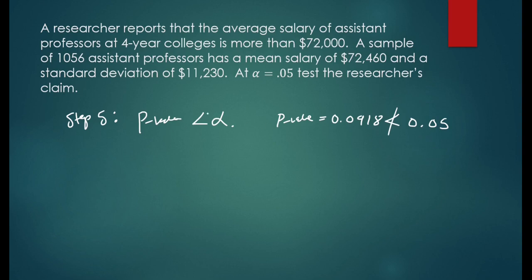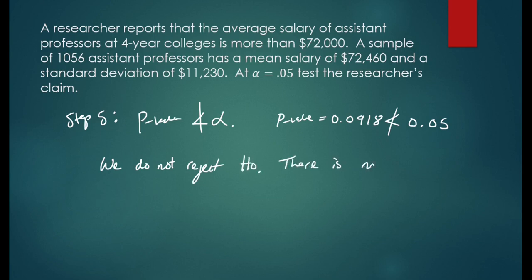So the p-value is not less than alpha. Since the p-value is not less than alpha, we do not reject the null hypothesis.